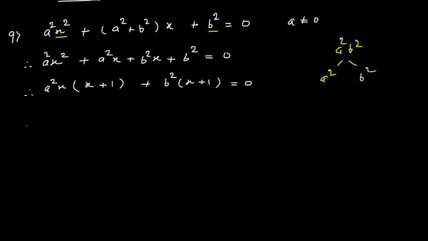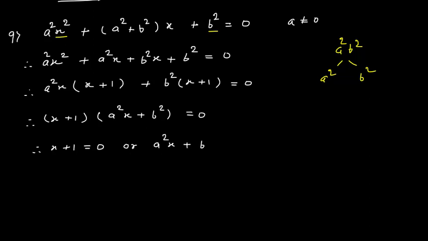So now x plus 1 I can take common. If I take x plus 1 common, then here I have a square x plus b square is equal to 0. So therefore you can say that x plus 1 is 0, or a square x plus b square is 0.